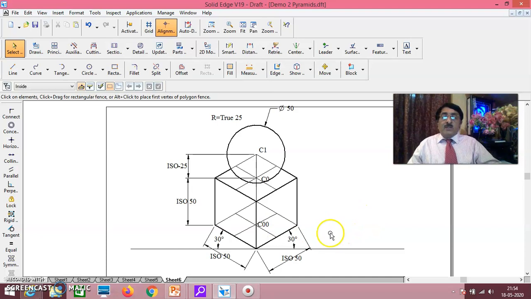Now, as you know, C naught naught is the center of the bottom surface of the cube. C naught is the center of the top surface of the cube. C1 is the center of the sphere. Correct, no? Center of the sphere.